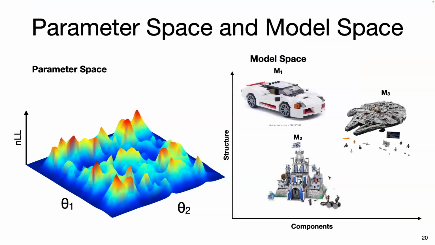Good. So here we've talked about parameter space: given a single model, how do we find good parameters? The simplest possible method is maximum likelihood estimation. But of course, we don't always only have a single model. Often in science, we're trying to figure out which model is the best fit for the data.